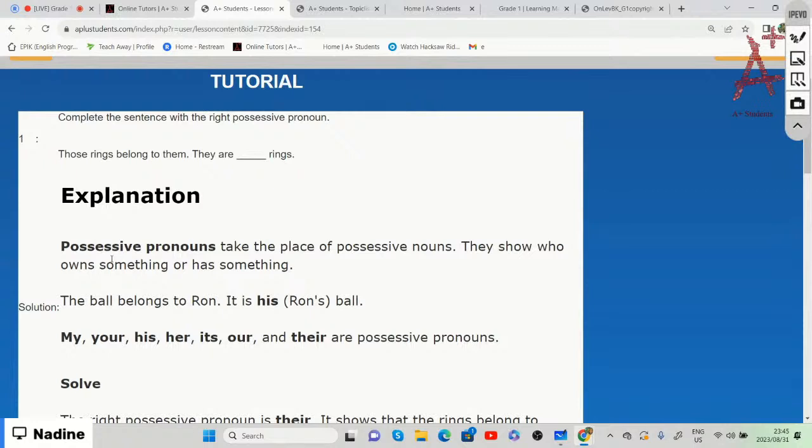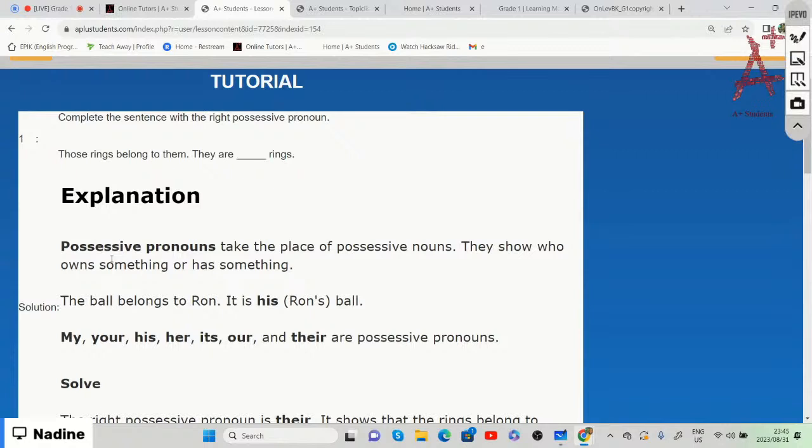So once again, possessive pronouns take the place of possessive nouns. They show who owns something or who has something, right? So those are possessive pronouns.